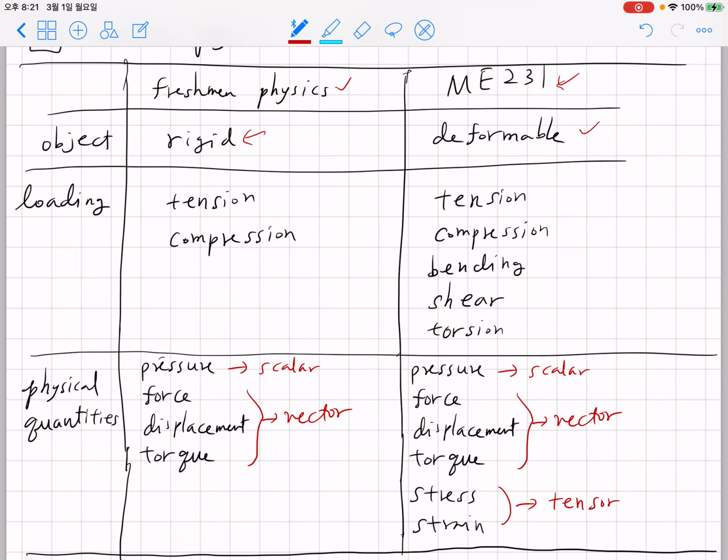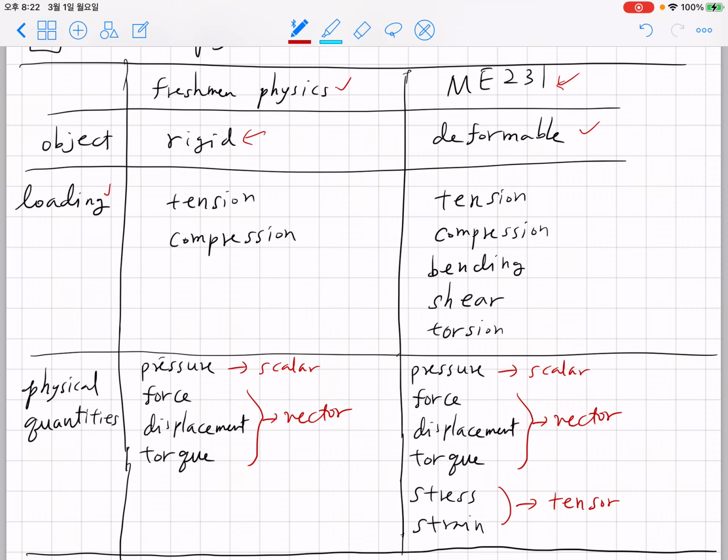Even if you went to a regular high school, you should have learned some mechanics, and until now, the mechanics you have learned considers rigid bodies. However, in real life, there is no rigid body. All bodies in the world are deformable. So the object we deal with in ME231 is more realistic.